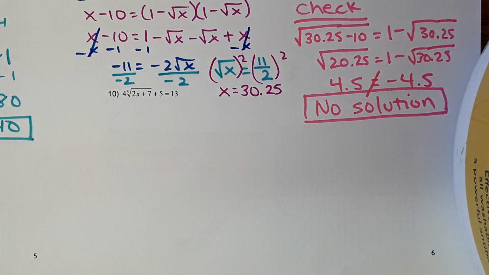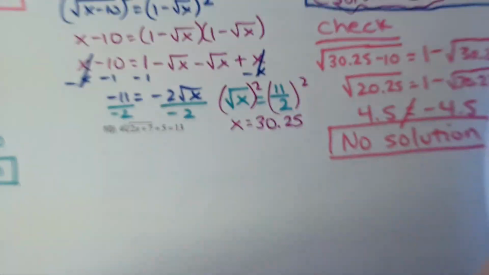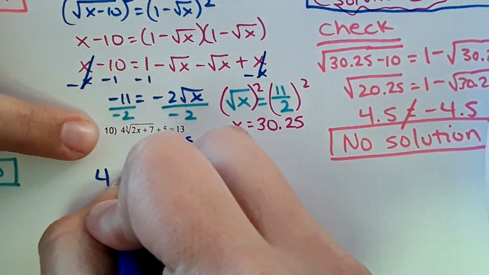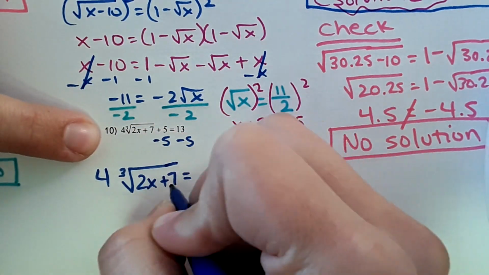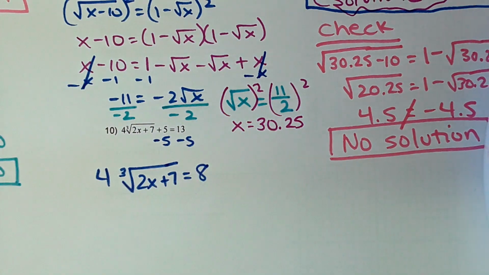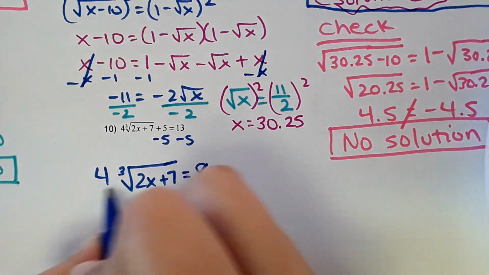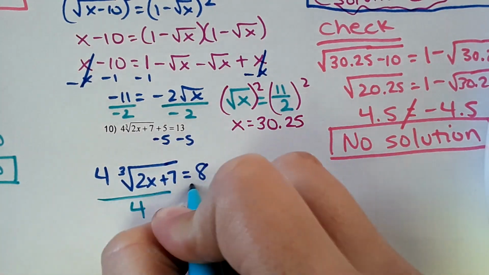Okay, so for number 10, we only have one radical. We do need to get that radical by itself before we solve. So we're going to subtract 5 from both sides. And then to get the 4 on the other side, divide both sides by 4.